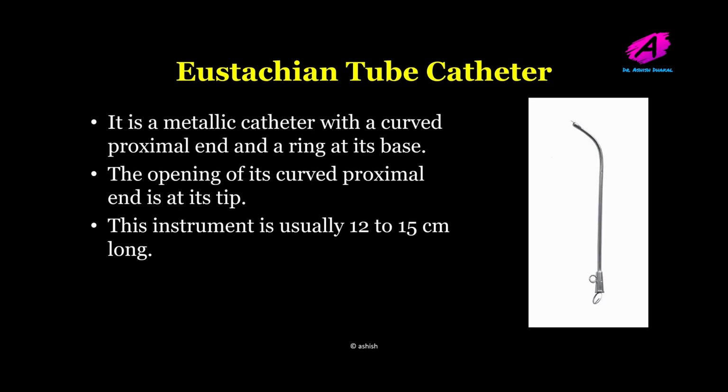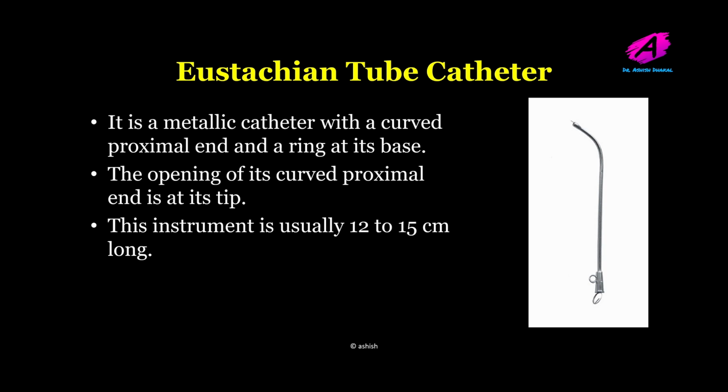The Eustachian tube catheter is used for this test. It is a metallic catheter with a curved proximal end with a ring at its base. The ring points to the direction of the tip of the catheter.